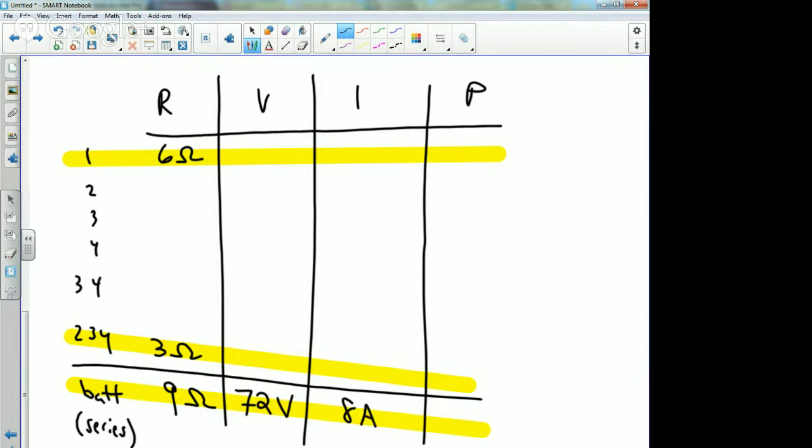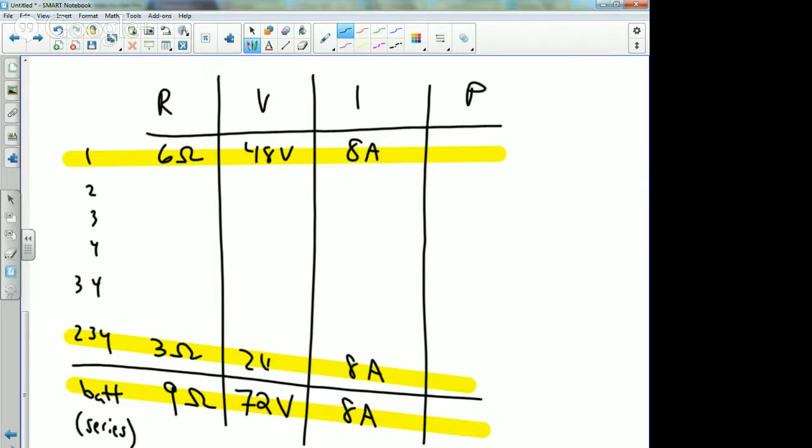And because this is a series circuit, I know that current, there's an I in series, right? It's a stupid way to remember it, but whatever. So 8 amps, 8 amps. Now because of V equals IR, P equals VI, I know that this is 48 volts.